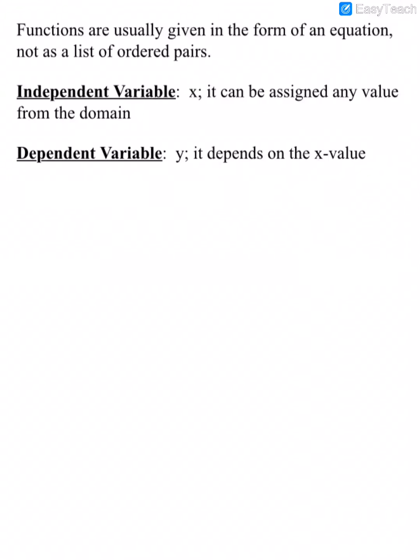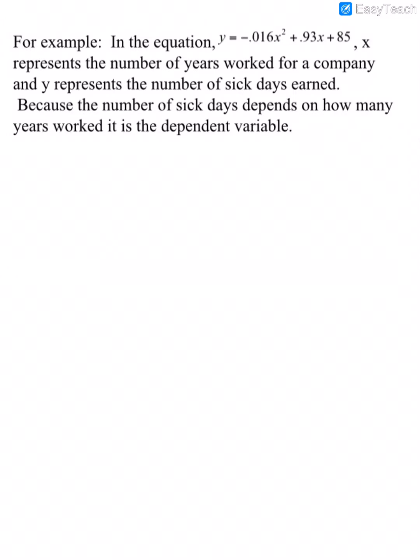So depending on whatever you plug in for x, our independent variable, that's going to determine what our y value is. So if we look at an equation like this, in this equation, x represents the number of years worked for a company, and y represents the number of sick days earned. Because the number of sick days depends on how many years worked, it's the dependent variable.